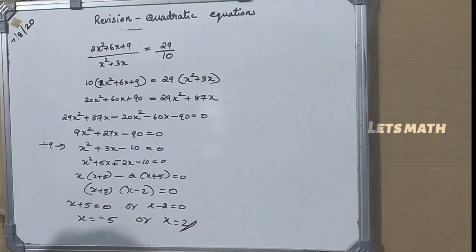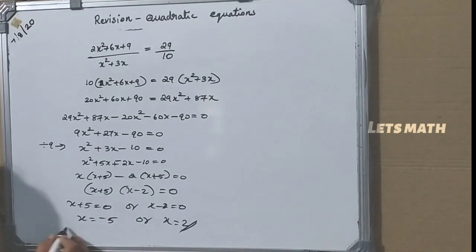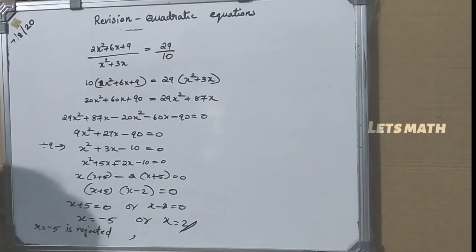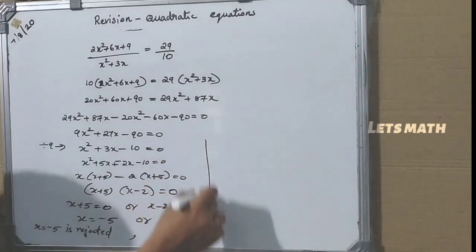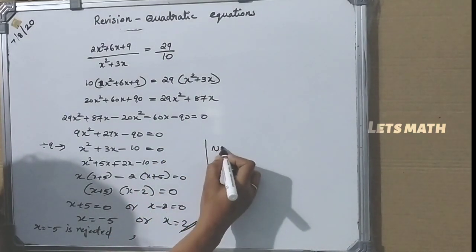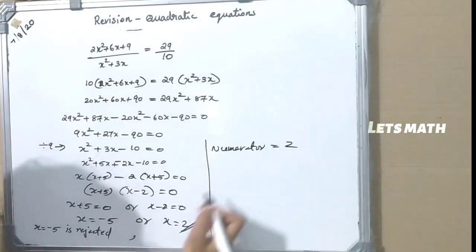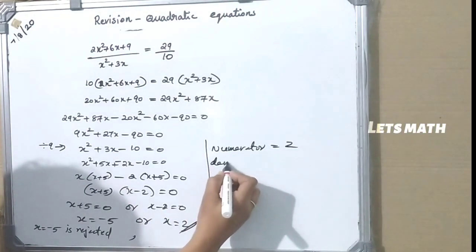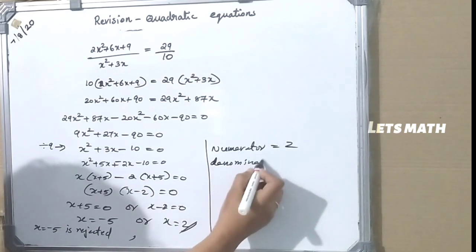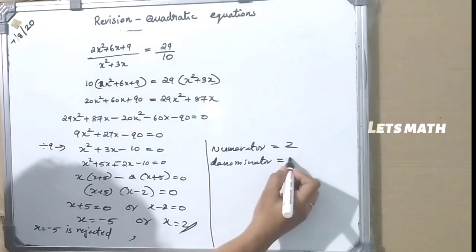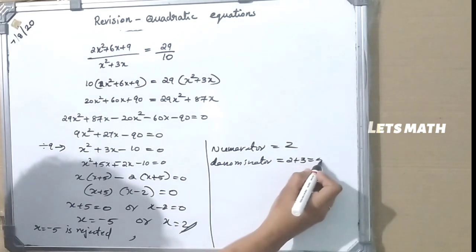Now it's a fraction, so it cannot be negative, so we can say that x equal to negative 5 is rejected as it is a fraction. Now we can say that the numerator of the fraction is equal to 2, so that the denominator is equal to x plus 3, that is 5.